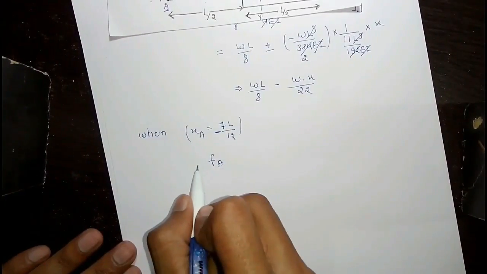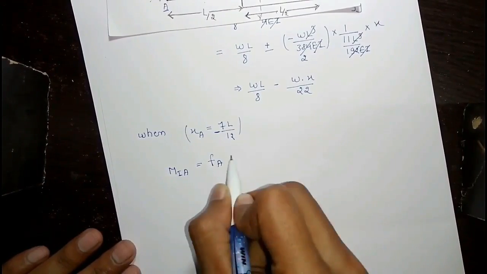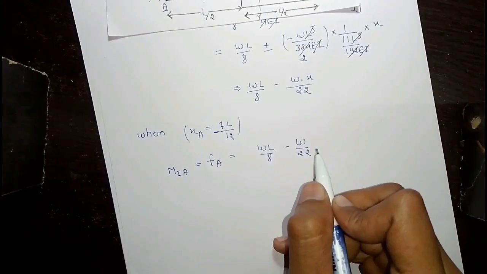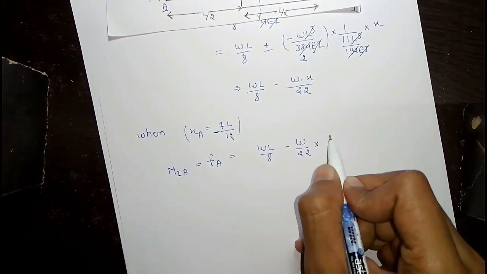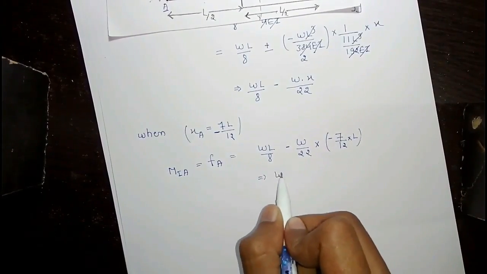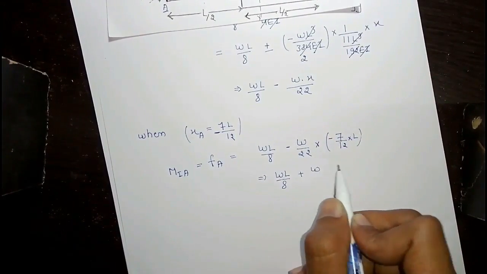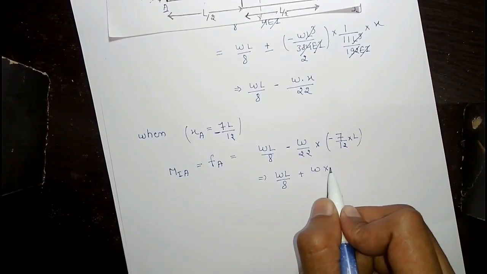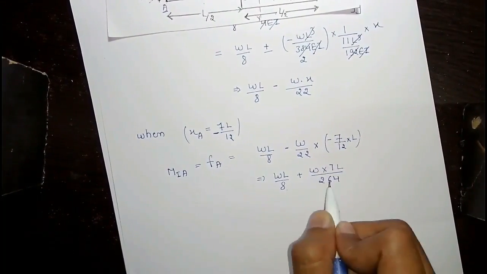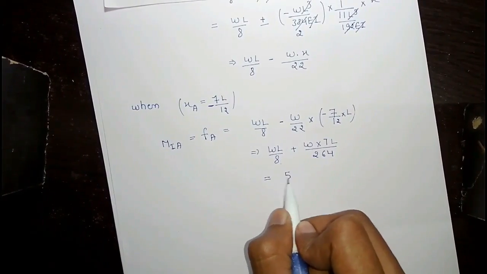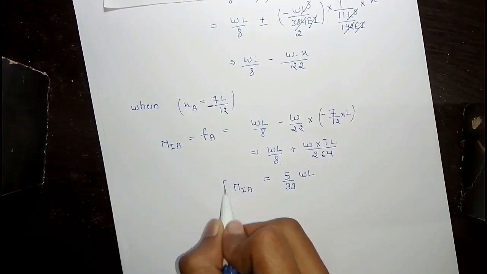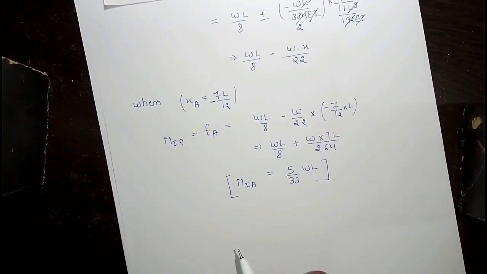So f at A, or Mi at A, will be WL by 8 minus W divided by 22 into negative 7L by 12, which is WL by 8 plus W into 7L divided by 264. So by solving this, it will be equal to 5 by 33 WL, which is Mi at A, the indeterminate bending moment at A.